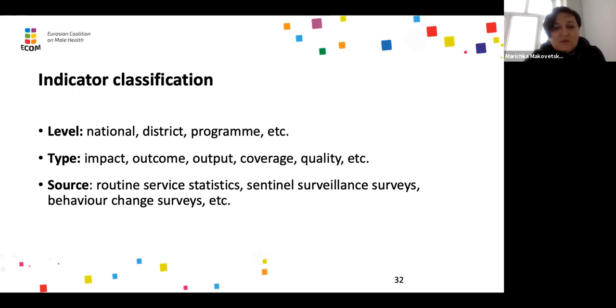It may be routine service statistics that you are keeping in your organization on a daily basis, let's say number of people trained, number of social workers working in your facility. It may be surveillance surveys that are done at the country level. It may be behavior change surveys to measure outcome and the change of behavior of your clients or your target audience.